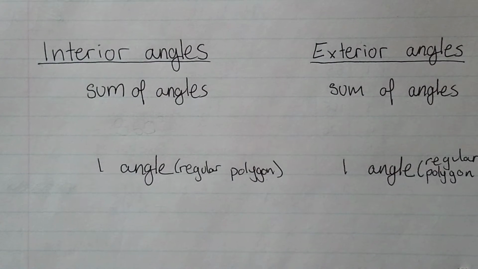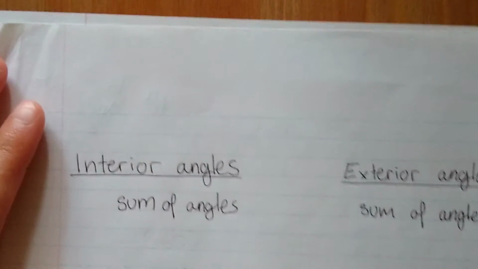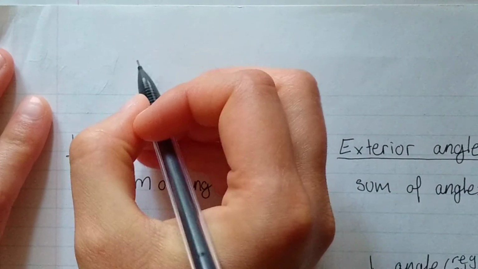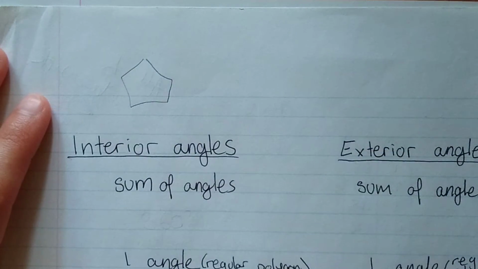So let's look at angles in polygons in general, so not just triangles and quadrilaterals now, but also shapes with more sides than 3 or 4. And just a very quick note, the rules that I'm going to talk about today are in relation to convex polygons. So this is an example of a convex polygon.